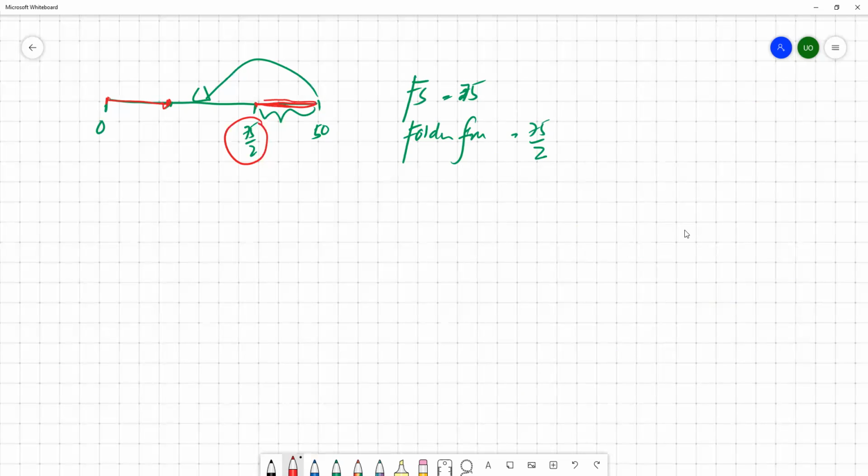Then the 25 hertz signal is simply aliased onto the 50 hertz signal if you set the sampling frequency to 75 hertz.